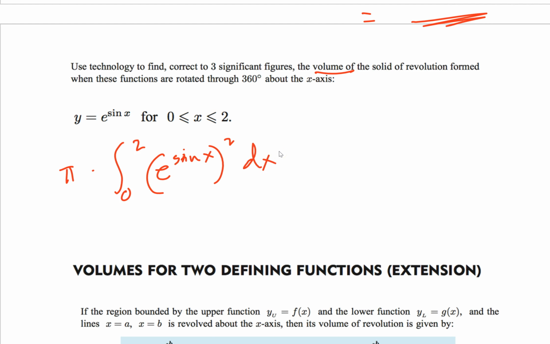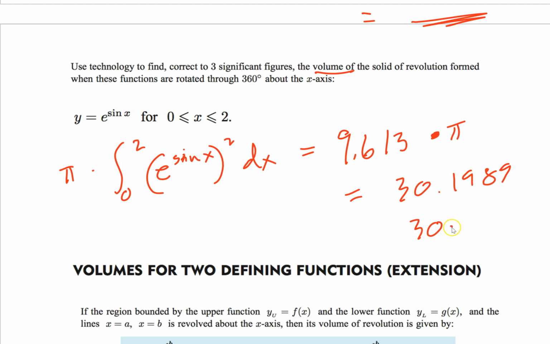Plug it into your calculator, and you get 9.613 times pi, which is 30.1989, or to 3 sig figs, 30.2. Right, straight out, just put it in your calculator, the exact same way you'd normally do it.